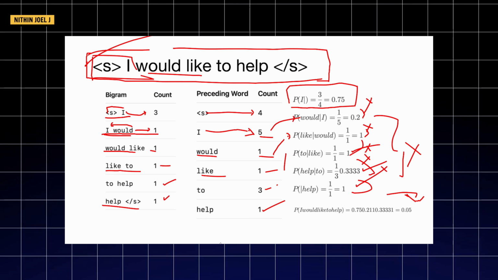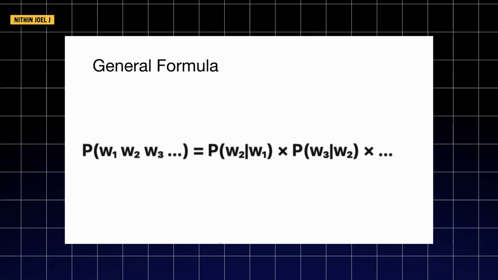As for bigram, a targeted sentence will be provided, and you should pick two words from the sentence, find the probability, and multiply all these things to get the bigram probability of your targeted sentence. So the general formula over here is probability of word 1, word 2, word 3 up to word n is equal to probability of word 2 given word 1 into probability of word 3 given word 2, and it goes on up to n words.